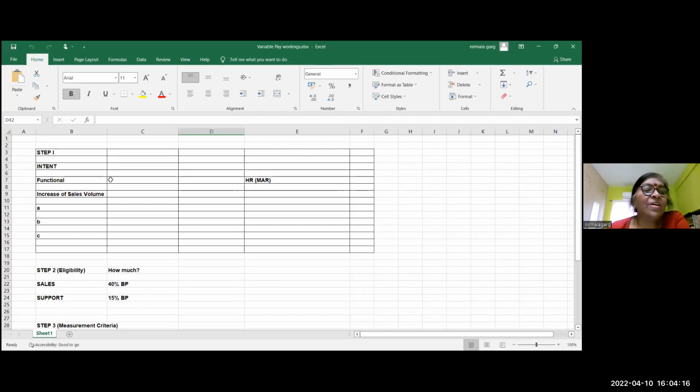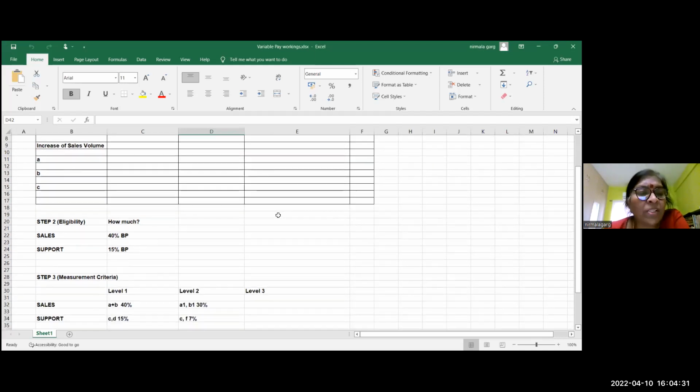You have to say step 1 and write the intent or the scope, or the purpose, as I said, the functional and also the HR, in an Excel like this. Then you write step 2, who are the people eligible and what percentage of their base salary. It's already given, so you can write it. Obviously, salespeople have higher variable pay, support people will have less variable pay.